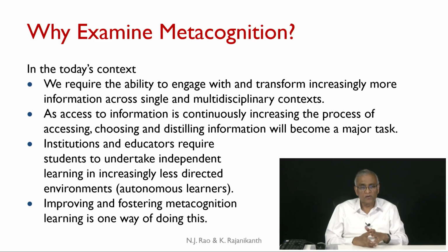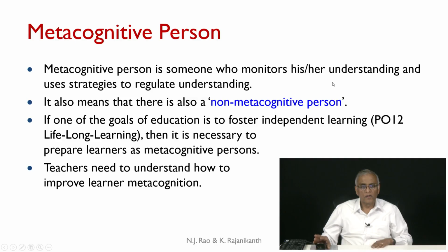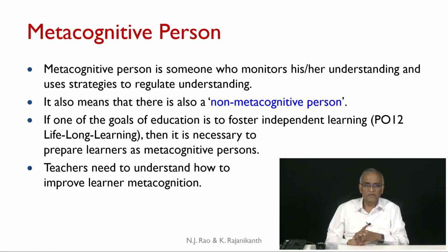And to achieve these 3, that is, the ability to engage with increasingly more information, to distill information, or to become an autonomous learner, one of the best methods is fostering metacognition learning. There is one method of achieving this. So who is a metacognitive person?